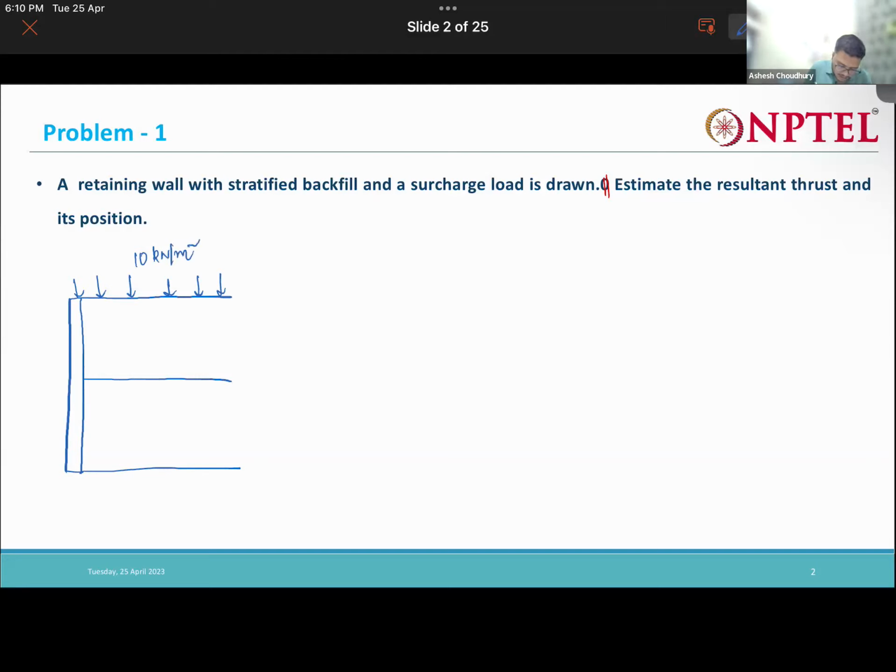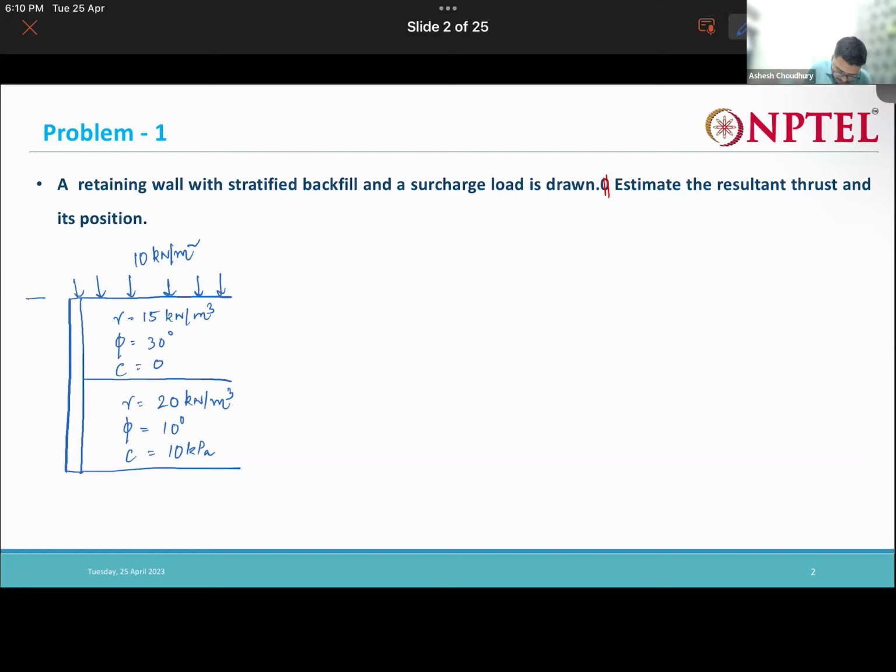The soil properties are given: gamma, phi, and C. For the upper layer, phi is 30 degrees and C is 0; for the lower layer, phi is 10 degrees and C is 10 kPa.